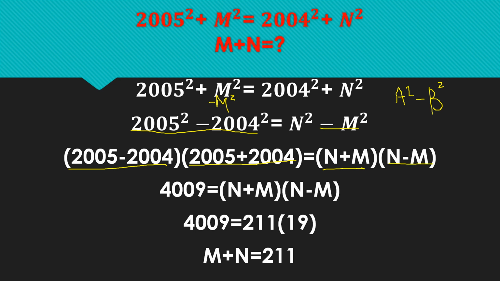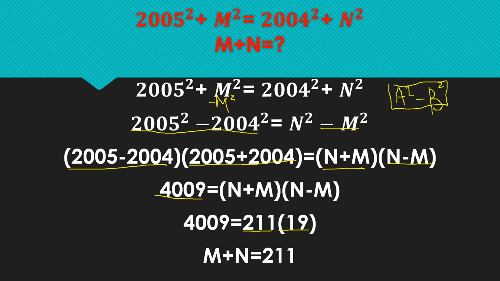Now, if you're wondering how to solve this, you can actually use this factorization method here, and you easily get 4009. Now, during a Math Olympiad, if you find a very big number, try to look for the factors. When I found it out, it was actually equal to 211 times 19.